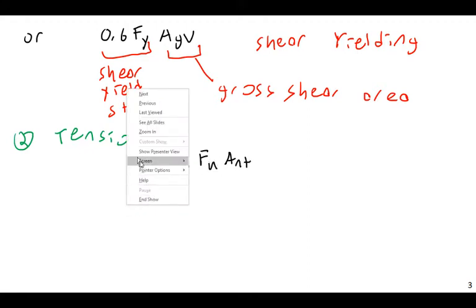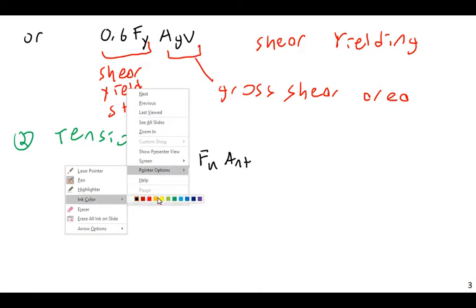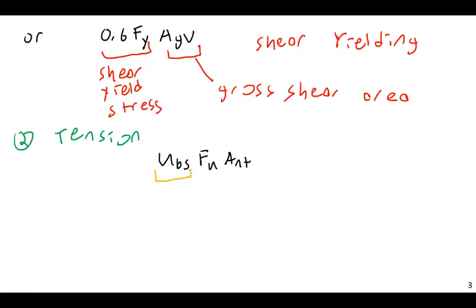So what are these? Let's annotate this. UBS is a coefficient, basically a uniformity of stress factor. We'll discuss this later, I suppose.